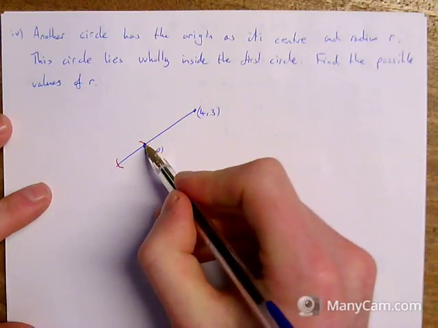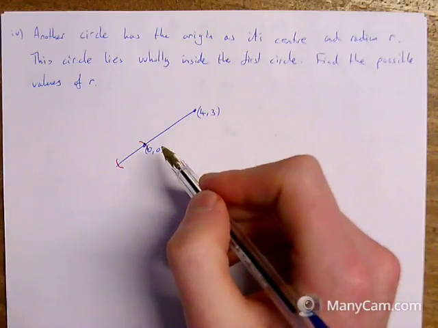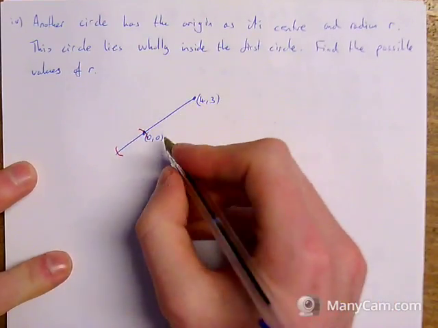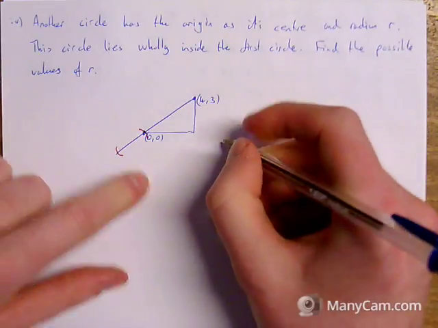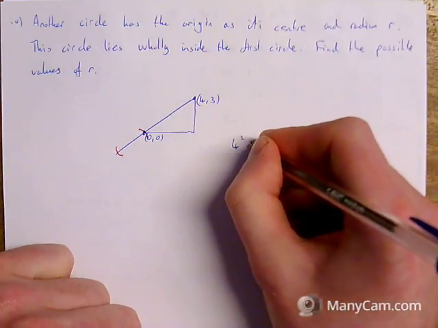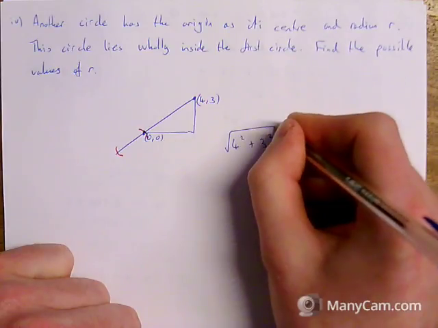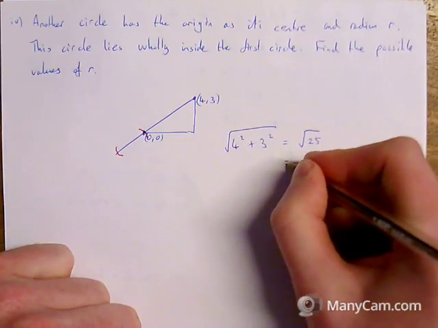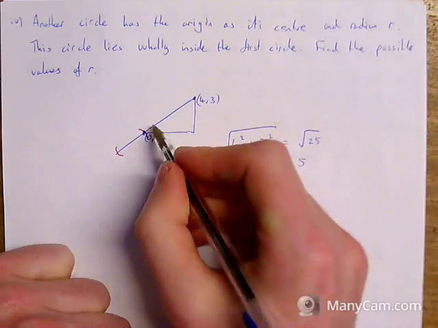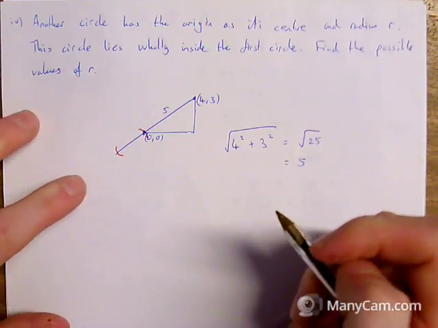So I'm going to work out the length of this and then subtract it from the radius that we found in part 1. So the length of this part here is going to use Pythagoras. So we'd end up with 4 squared plus 3 squared square rooted, which gives you the square root of 25, which gives you 5. So the length of this part is 5.